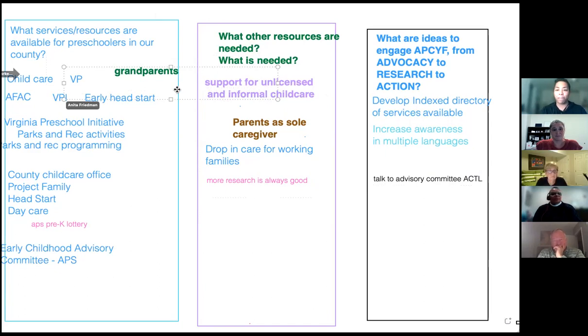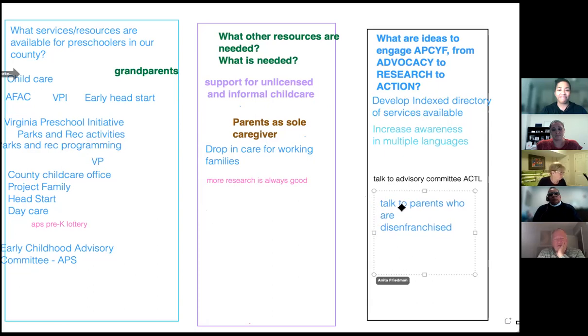I think we actually have to talk to parents who are disenfranchised, not just parents who are on advisory committees, because we know in Arlington that the commissions and the advisory committees are typically overrepresented with people who are higher income and white.